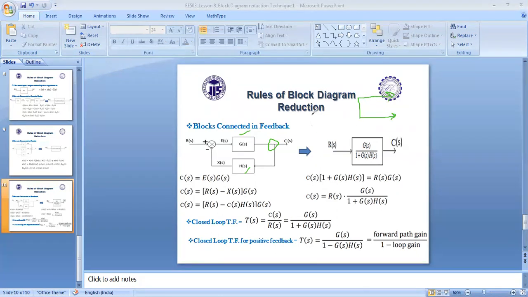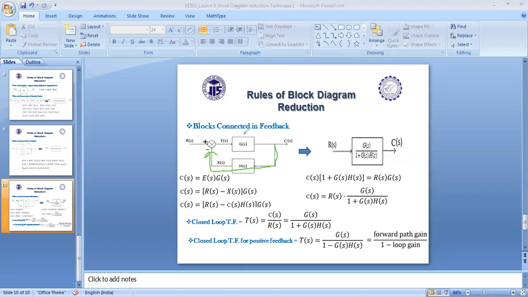But for feedback connection, one signal will be acting towards output, another signal will be acting towards input. See minutely here. This signal is acting from input side to output side. But this signal is acting from output side to input side. So a part of the output is feeding back to the input side. That is why it is termed as feedback connection.